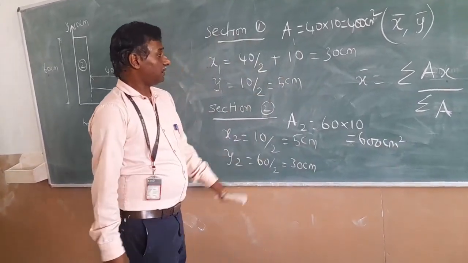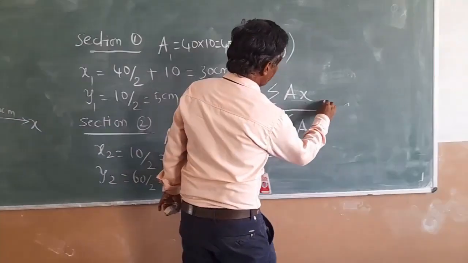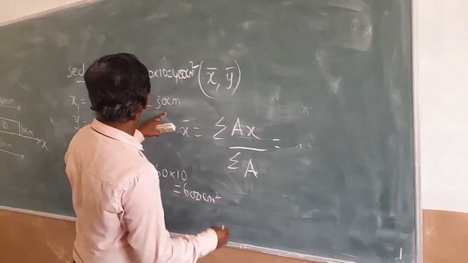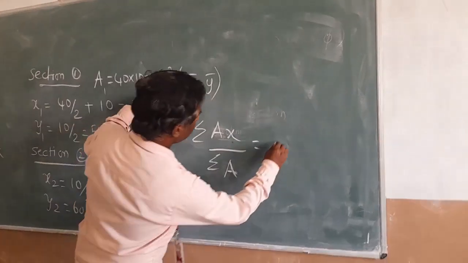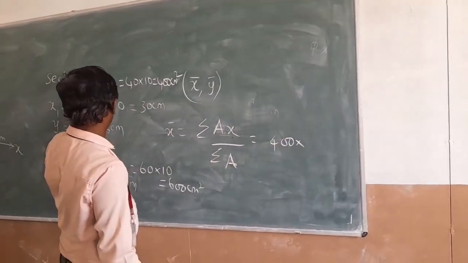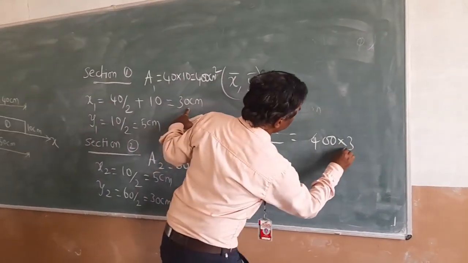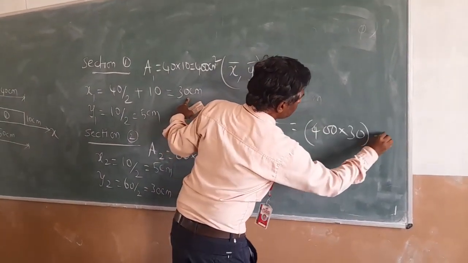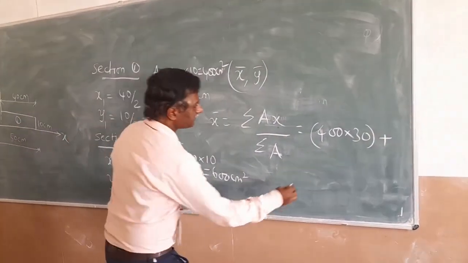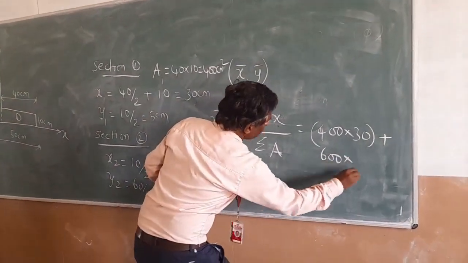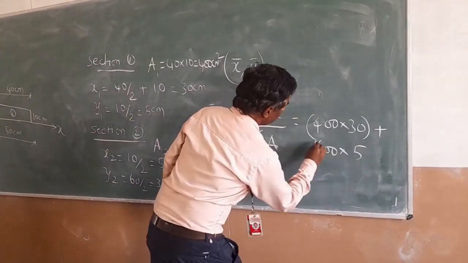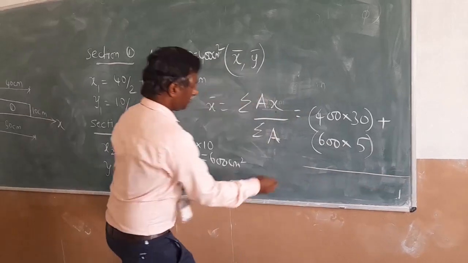Here you can apply the formula. First one: area is equal to 400 into x bar, that is x1, 30, plus for the second section A2, that is 600 into 5, divided by the total area.